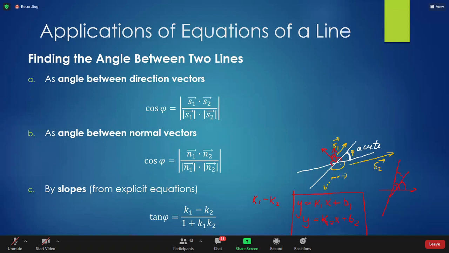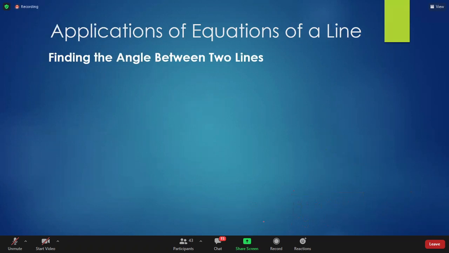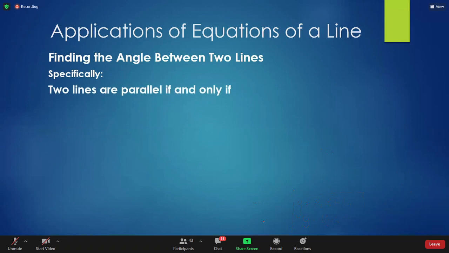However, of course, we have special cases. Two lines could have any old angle between them, but they could also be perpendicular, or they could also be parallel. So, two special cases. If two lines are parallel, then what can we say?